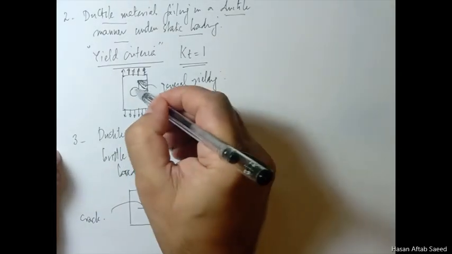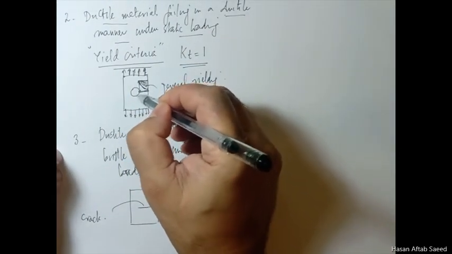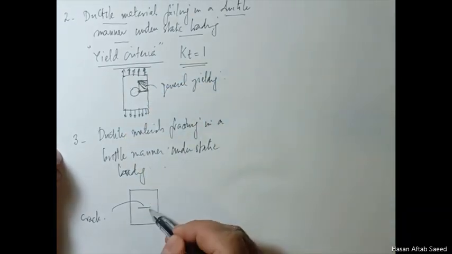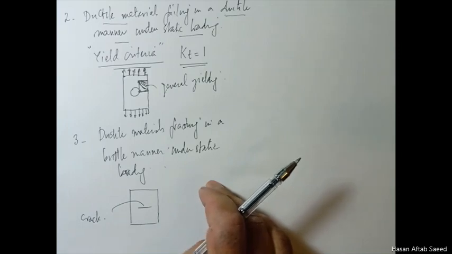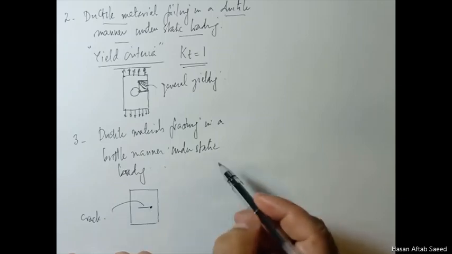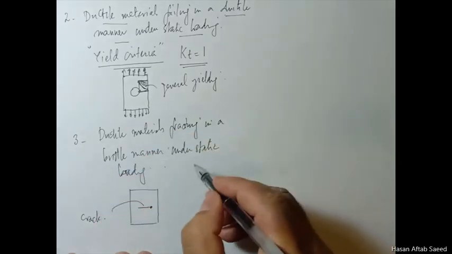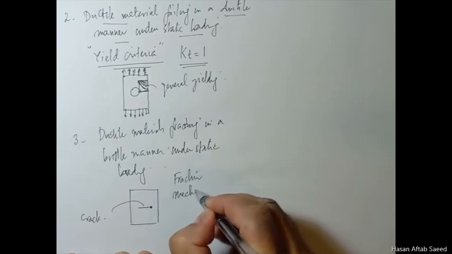This crack is very different from a design feature like a hole, because there's a finite radius there. Here the radius at the tip of the crack, theoretically speaking, is 0, so there should be infinite stress. Obviously there is very high stress concentration here, but we dealt with this kind of case using the principles of fracture mechanics.